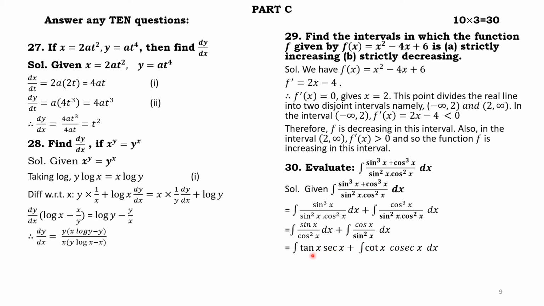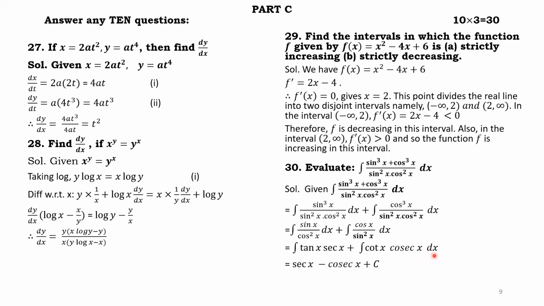Therefore, it is integral of sin x by cos x is tan x. 1 sin x and 1 cos x is tan x. 1 cos x remains, so that 1 over cos x is secant x. Plus cos x by sin x, 1 sin x in the denominator is cot x, and 1 sin x remains in the denominator, which becomes 1 over sin x is cosecant x dx.